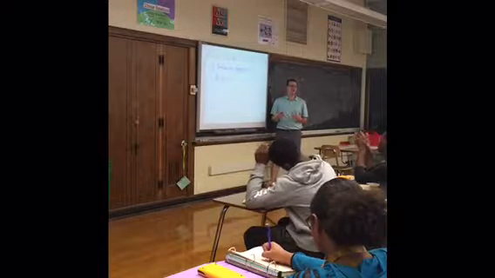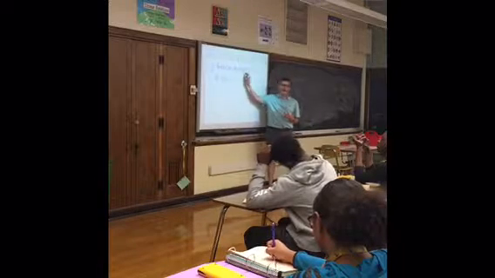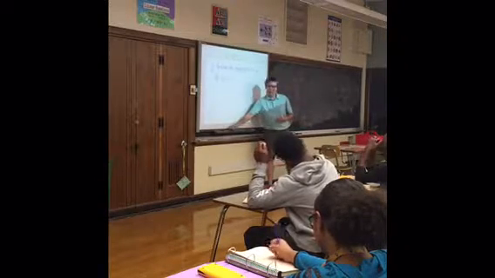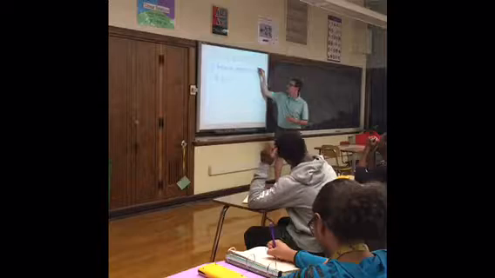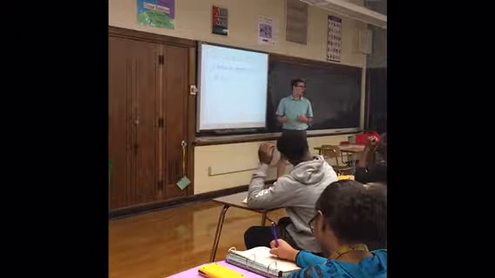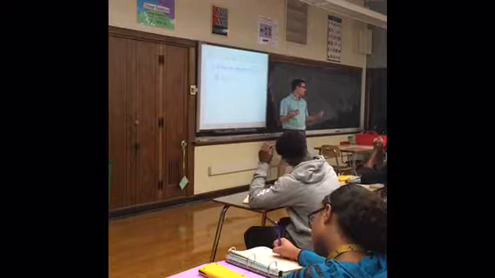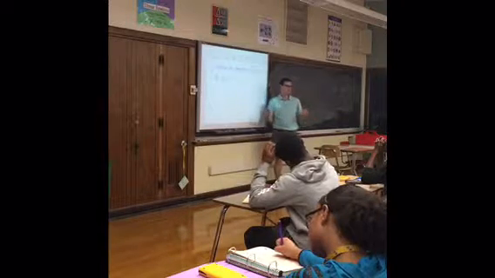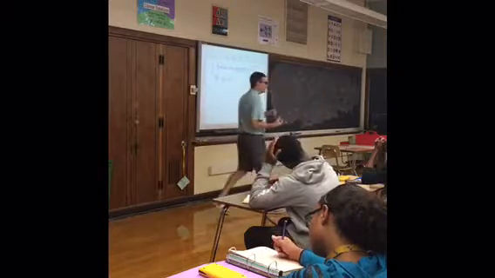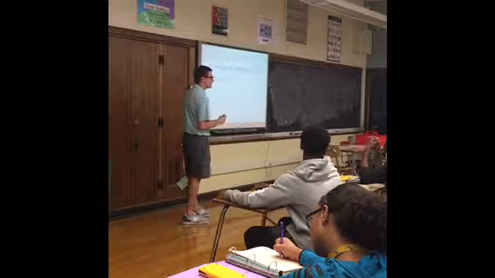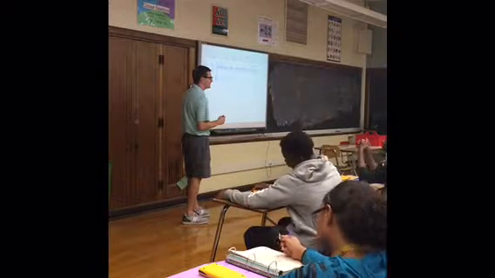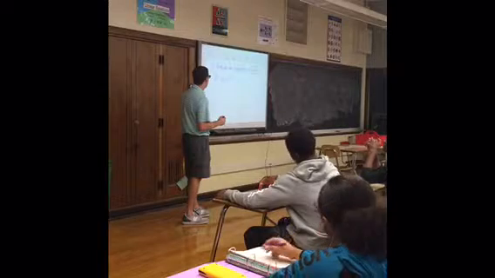What do you do for this problem if you're going to evaluate the expression if x equals 6? What do you have to do to start this one in order to evaluate the expression? Connor? You gotta divide x on both sides.